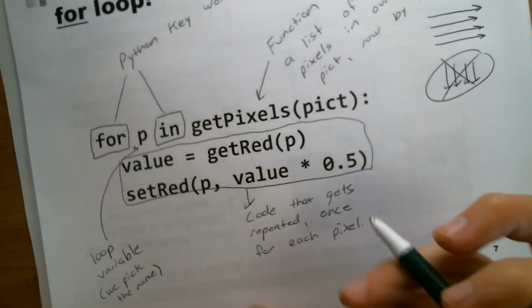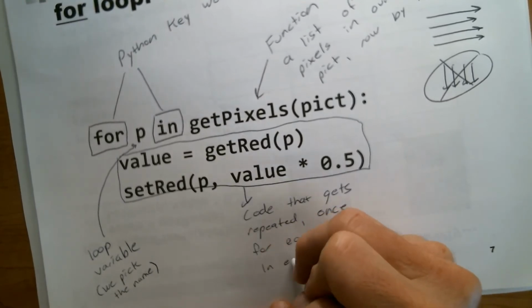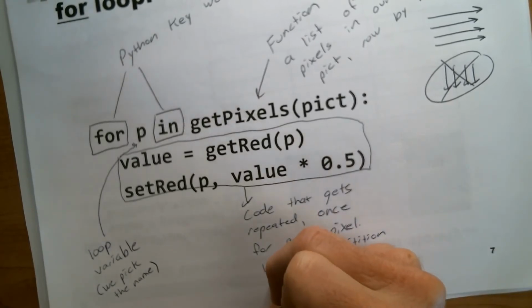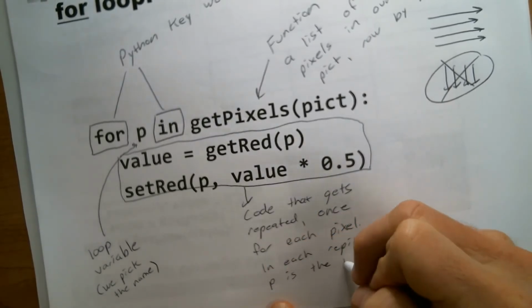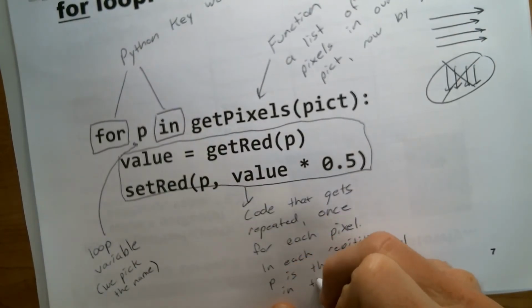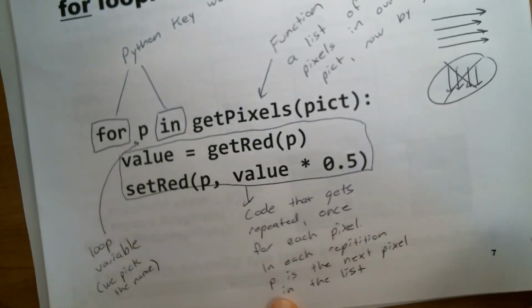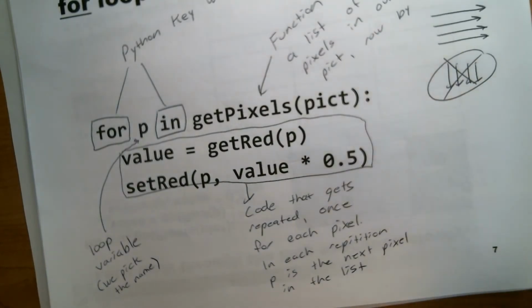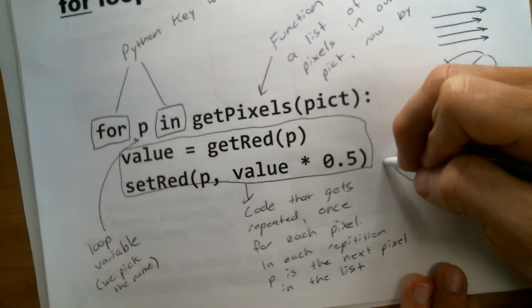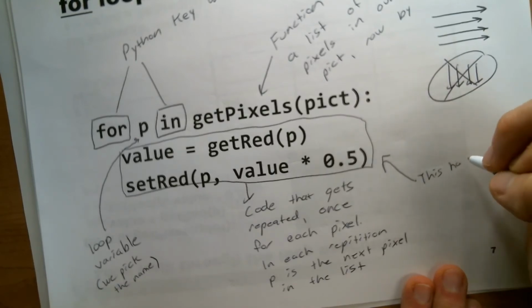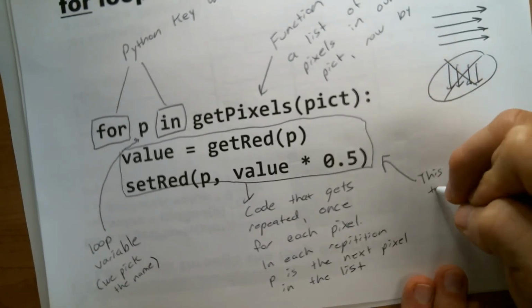And again, as I was saying, in each repetition, P is the next pixel in the list. So P just keeps getting the next pixel on the list so that we can keep modifying it and keep making those changes. Now, a couple of things. Notice the indentation, right? This has to be indented. This has to be indented.